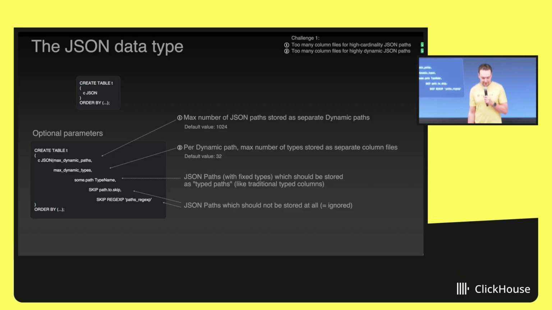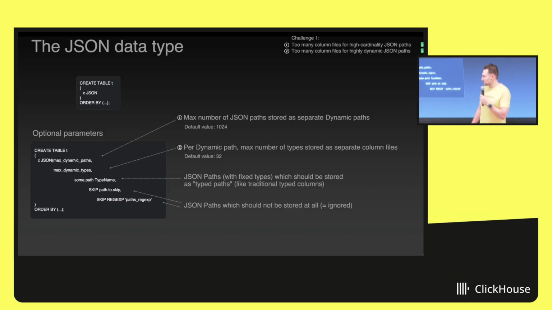And we have a parameter for the limit on the maximum number of different paths inside JSON, different unique paths. The maximum number of different data types in a single key. Then we can specify explicit data types, like type hints, for some path if we want. And then for this specific path, it will not analyze data types. It will just assume the specified data type.